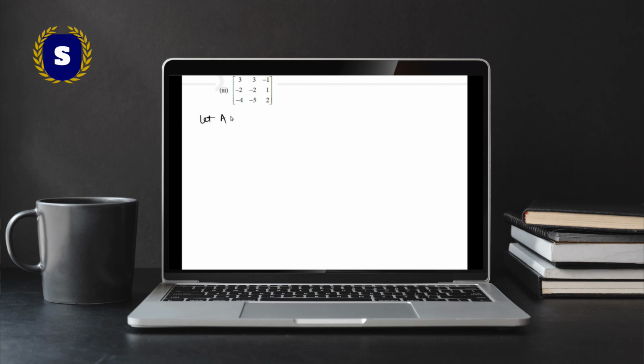Let A is equal to 3, minus 1, minus 2, minus 2, 1, minus 4, minus 5, 2. This implies A transpose will be 3, 3, minus 1, minus 2, minus 2, 1, minus 4, minus 5, and 2.